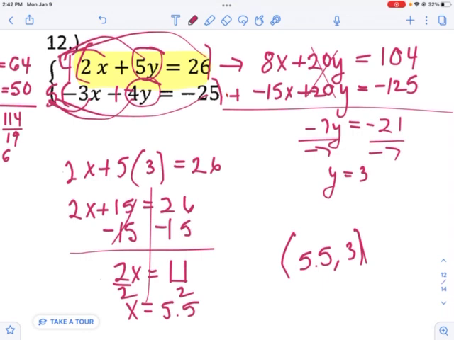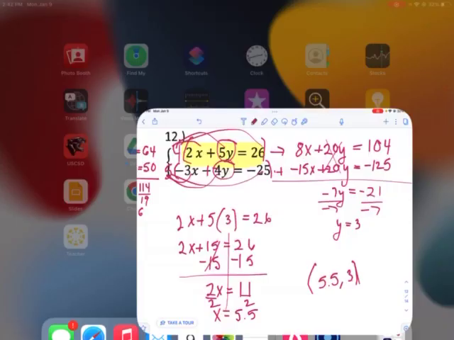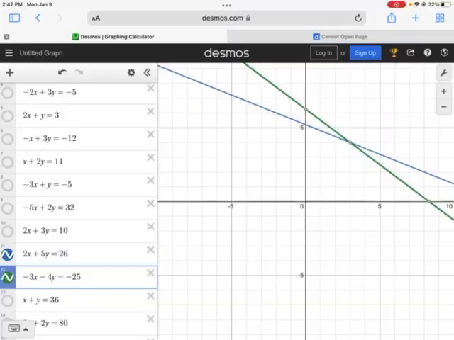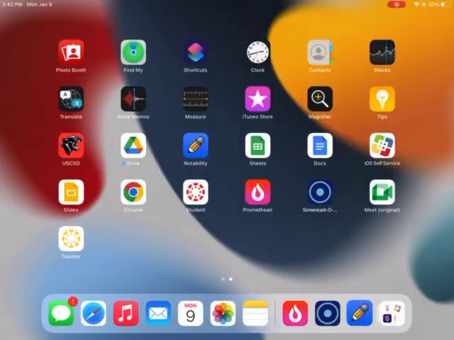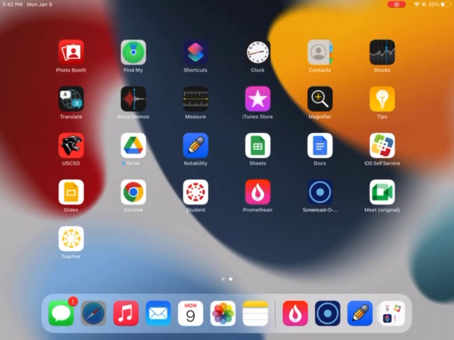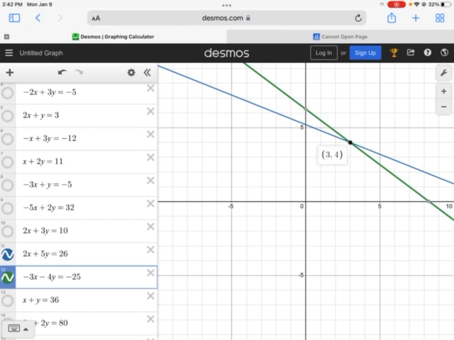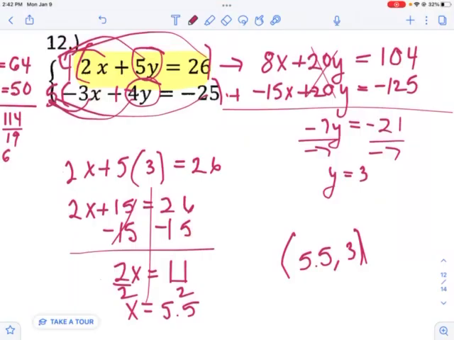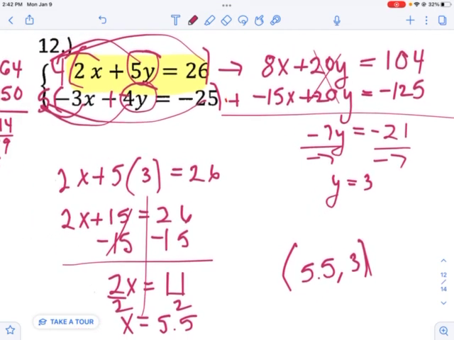What's my y? 4. Let's see, 104, negative 21, 2x plus 5y equals 26, negative 3x plus negative 4y equals negative 25. 2x plus 5y equals 26. 3. What is going on?